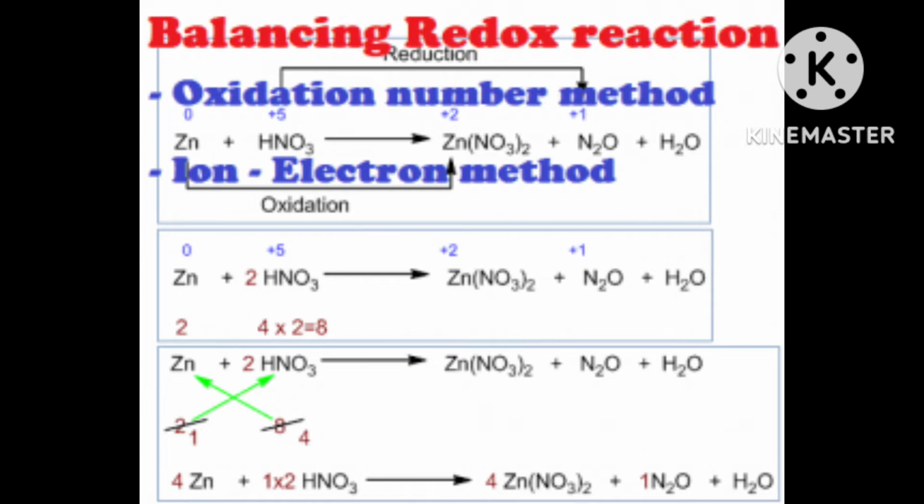Here it has lost 1 electron. After the arrow sign you can write Fe3+ plus 1 electron, because Fe2+ lost 1 electron.